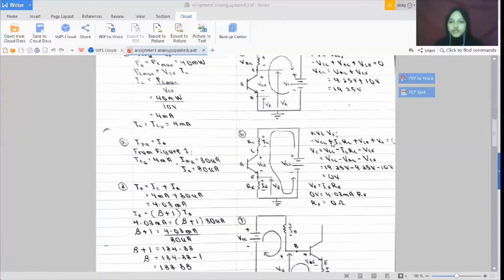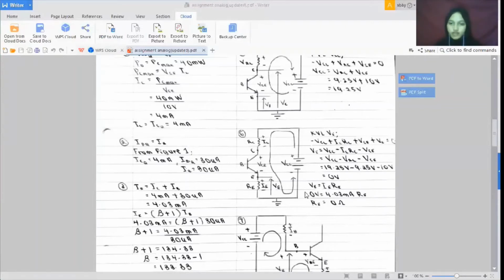We want to search for the VE value, so we rearrange the equation into VE equal to VCC minus ICRC minus VCE. We know that ICRC is equal to VRC, they are the same thing, so we convert the ICRC into VRC, write the equation again and enter all the values that we know. So we get that VE is equal to 0 volts. That is the value for VE, 0 volt.